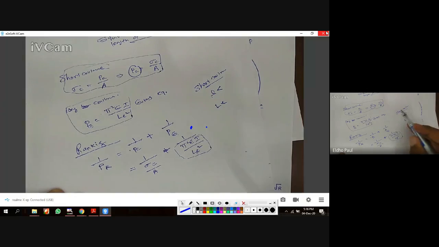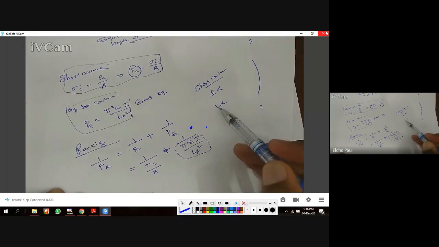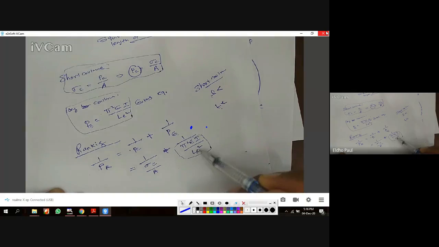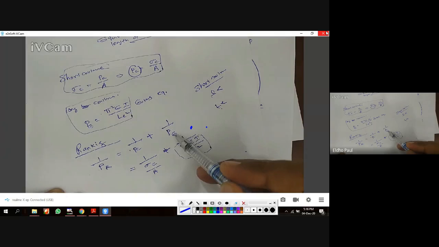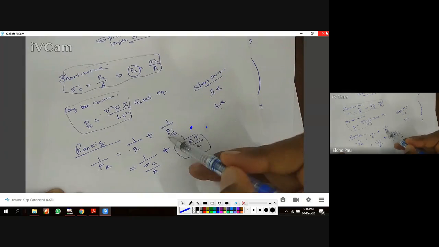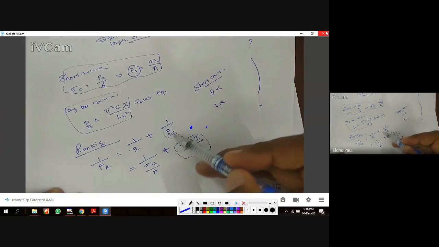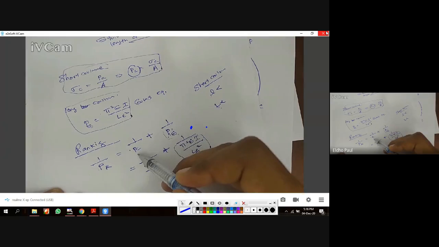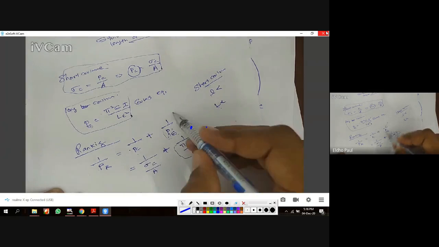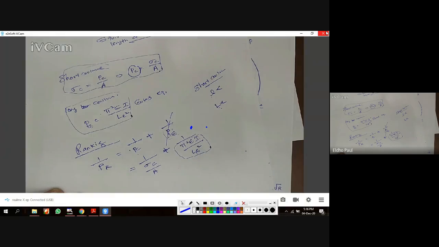For a short column, length is very small, so PE is bigger, which means 1 by PE will be smaller. So this is very small when compared to 1 by PC. So we can neglect this for a short column.